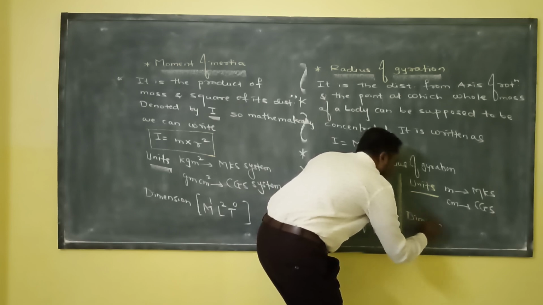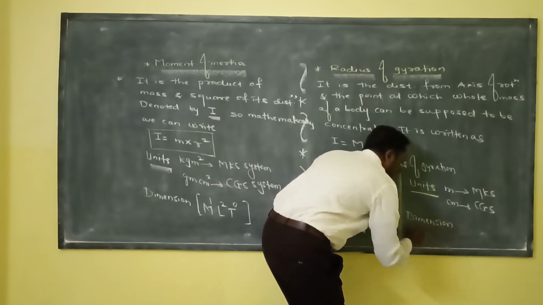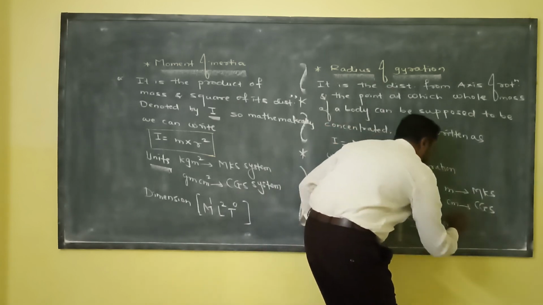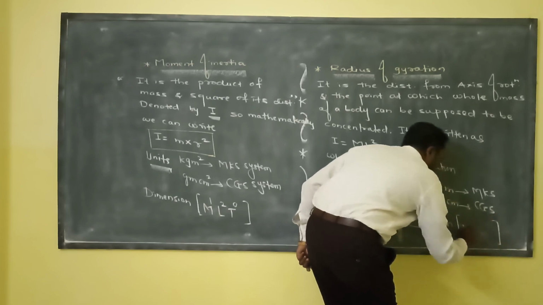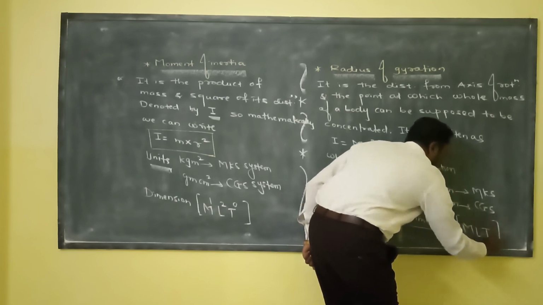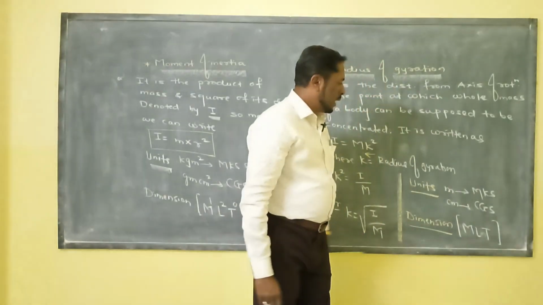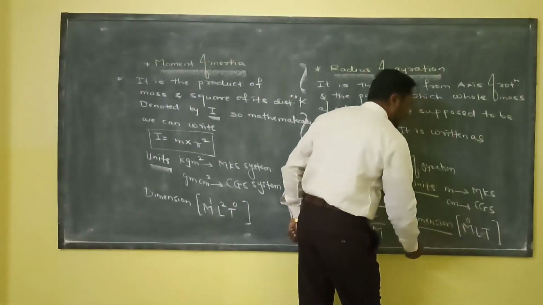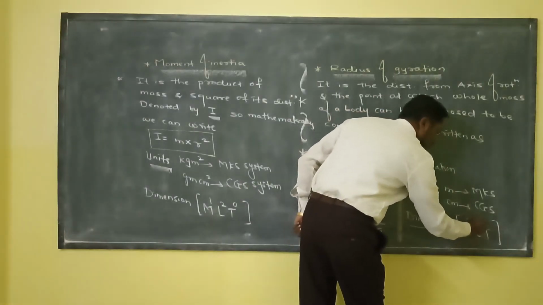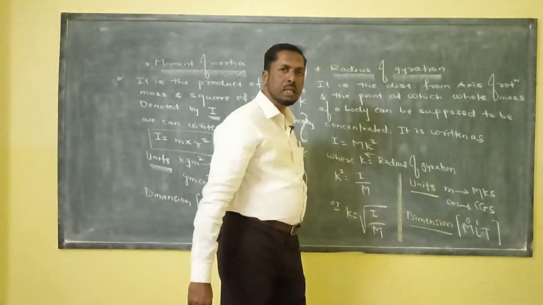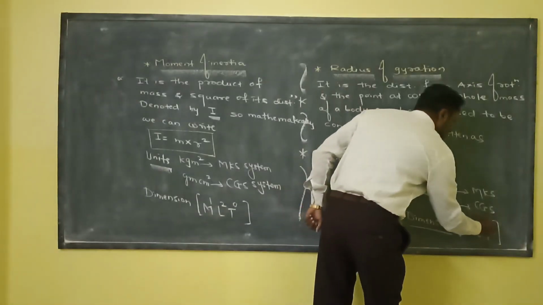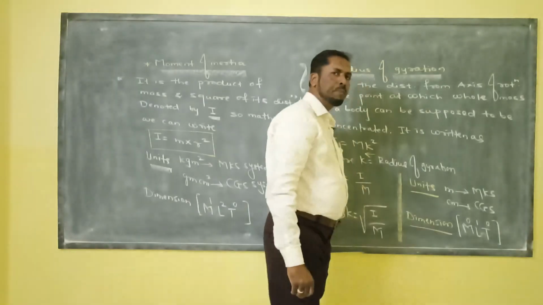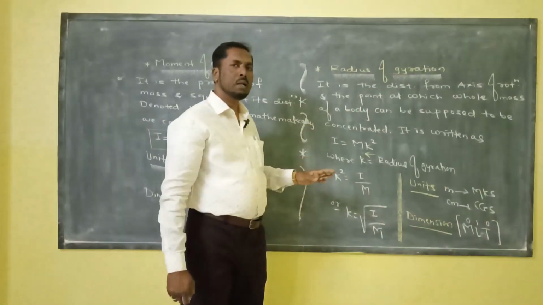Dimensions are expressed in the form M L T. The power of mass is 0, the power of length for radius is 1, and there is no information about time, so the power of T is 0.